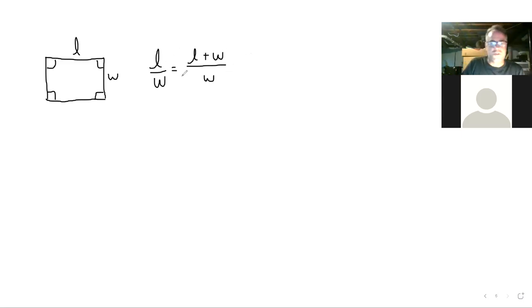So if this proportion is equal, this equals this, the rectangle is golden. All right, so what I'm going to do, I'm first going to rewrite this as length over width equals, I'm splitting this into two terms.